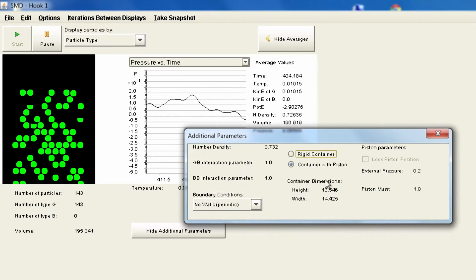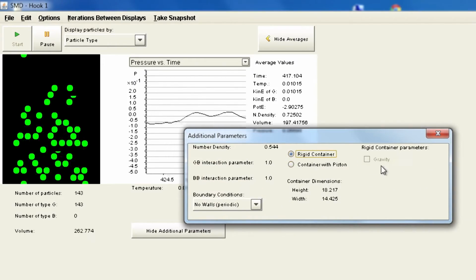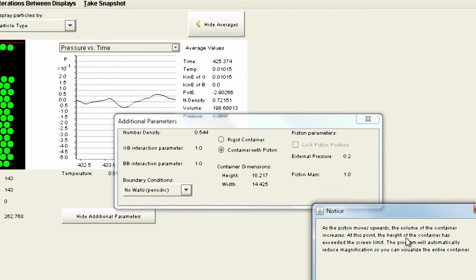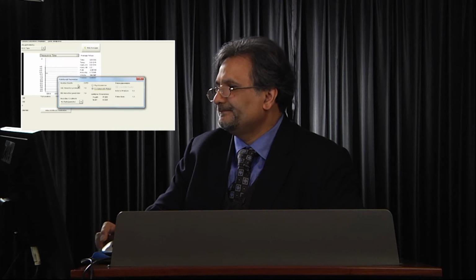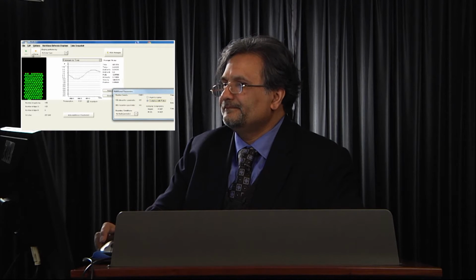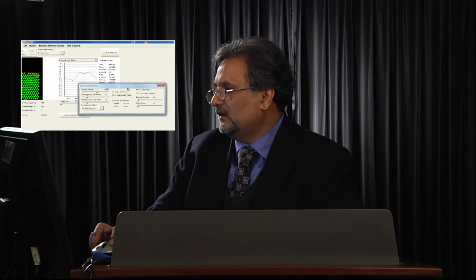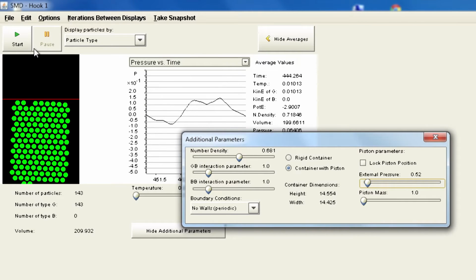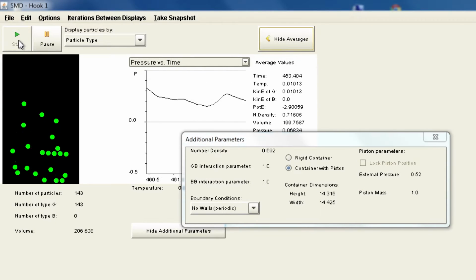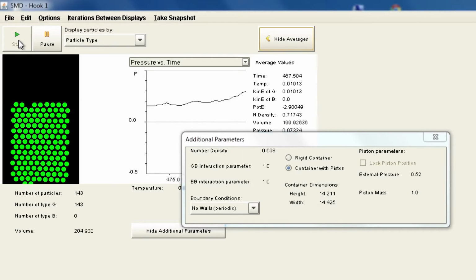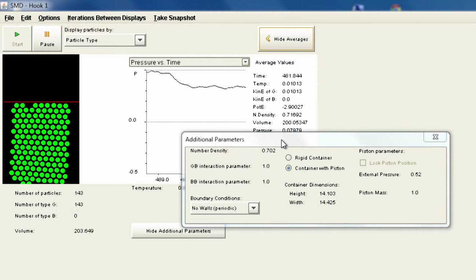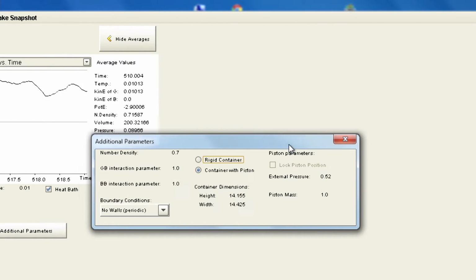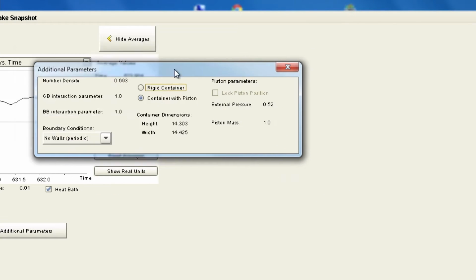Now let us look at some higher pressures. For that we are going to stop, pause it, and increase the pressure again to 0.5. Now you can see it went further down. What I want you to do, at the same temperature, is follow this for at least 5 to 10 experimental positions.